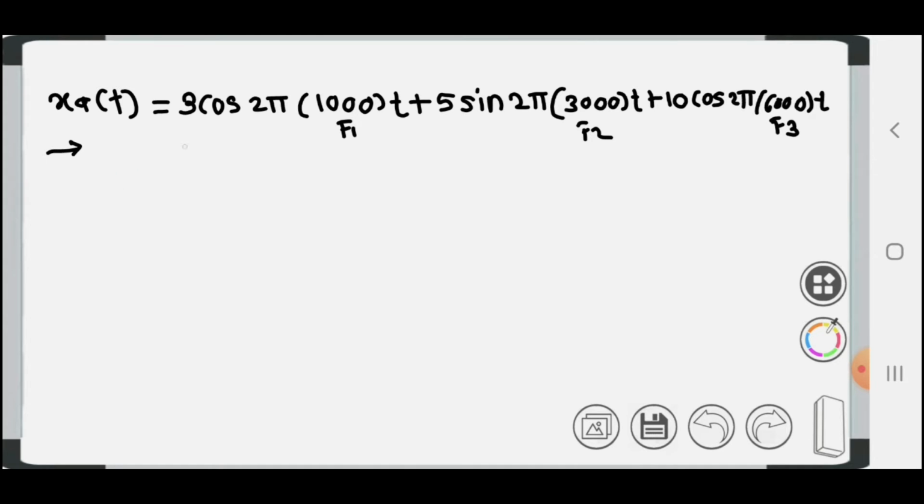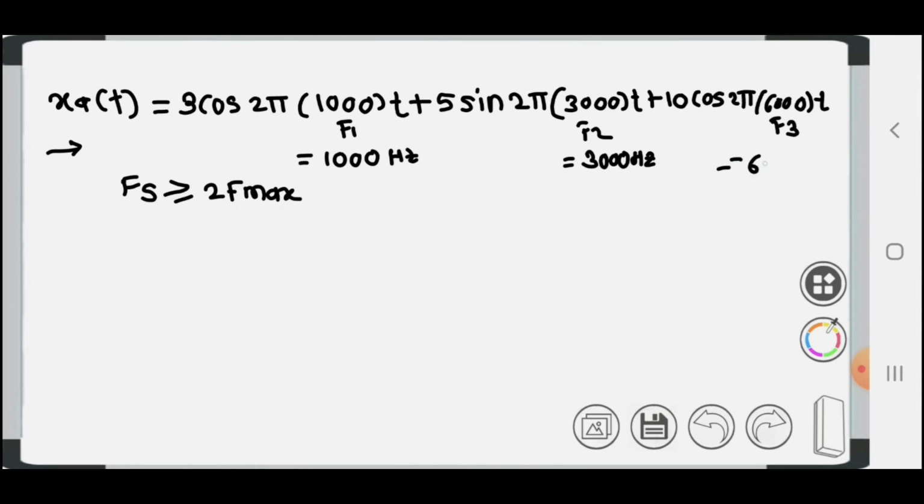Nyquist rate is nothing but when you select the sampling frequency greater than or equal to 2 of f max. So when you compare, f1 is 1000 hertz, f2 is 3000 hertz and f3 is 6000 hertz.